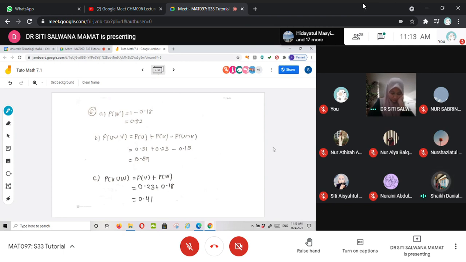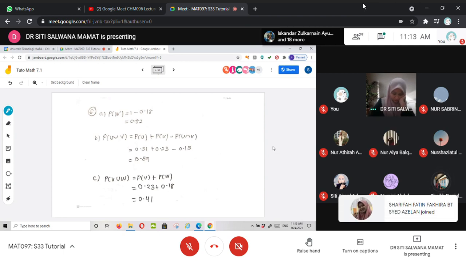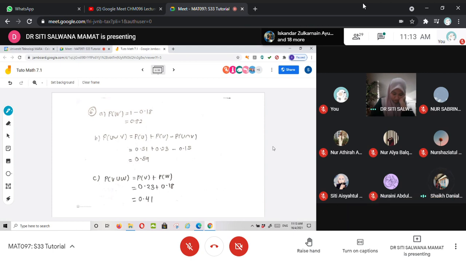So yang dekat B, the question dia minta kita cari probability U union V. So nanti kita akan buat probability U plus probability V minus probability U intersect V. So kita masukkan nilai dia akan dapat 0.51 plus 0.23 minus 0.15.